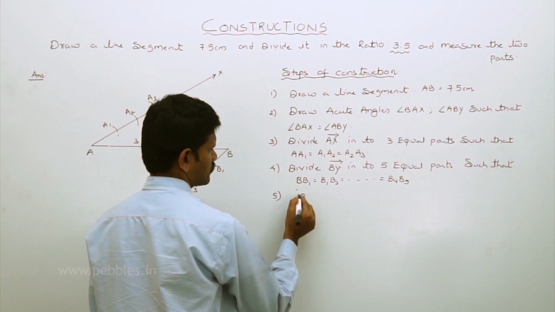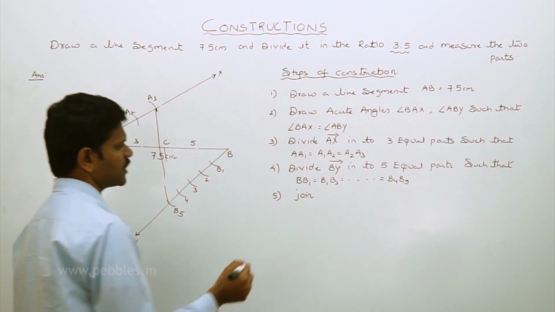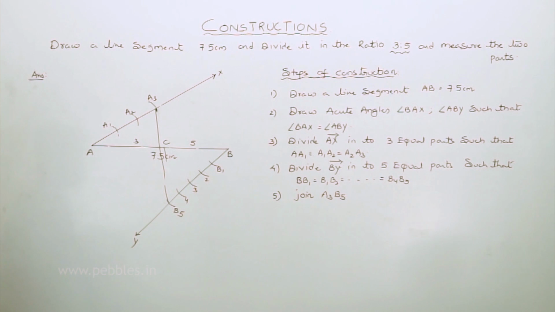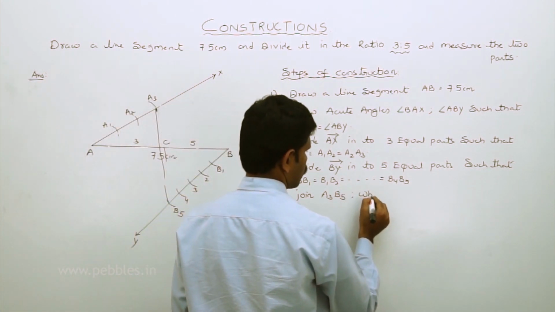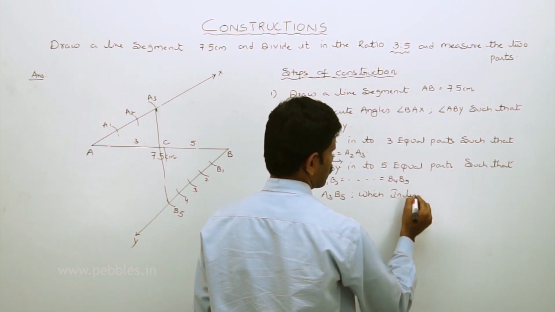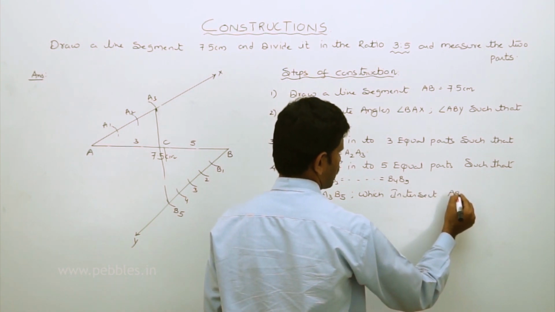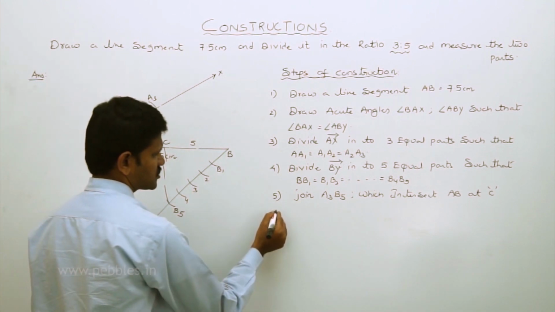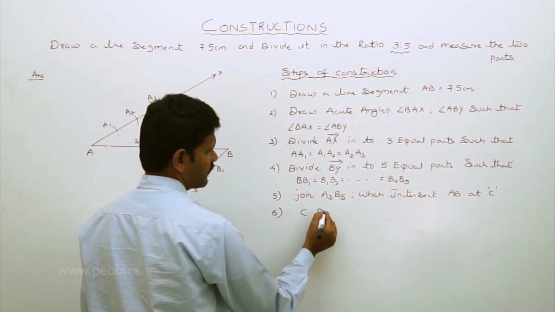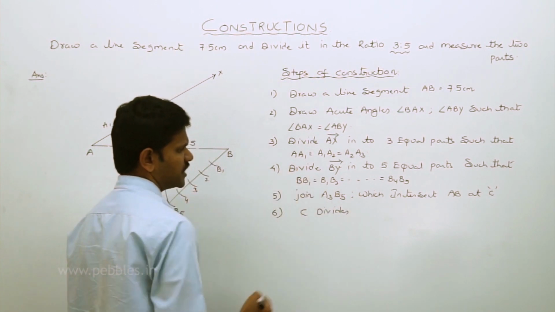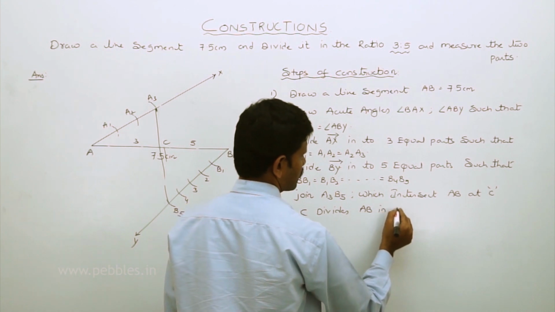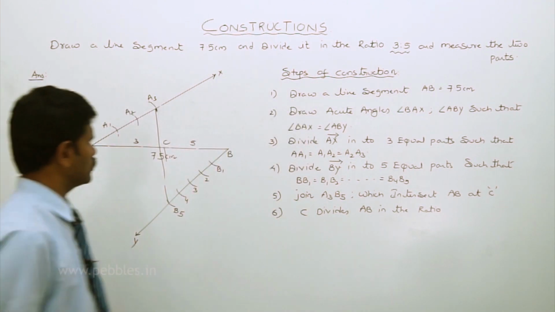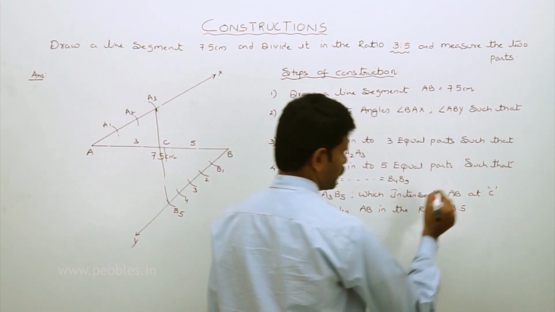Join A3B5, which intersects AB at C. Therefore C divides AB in the ratio 3:5.